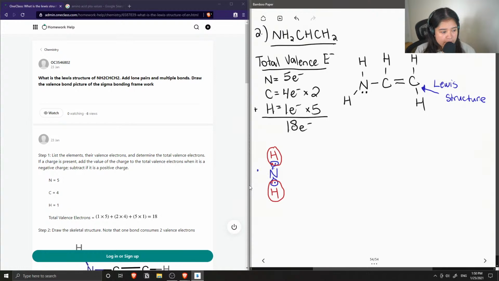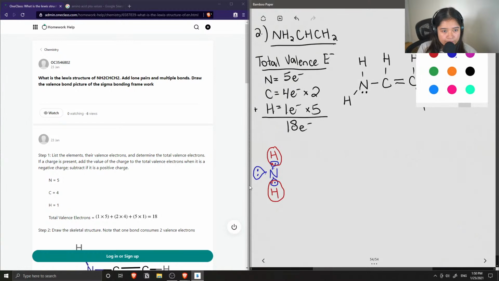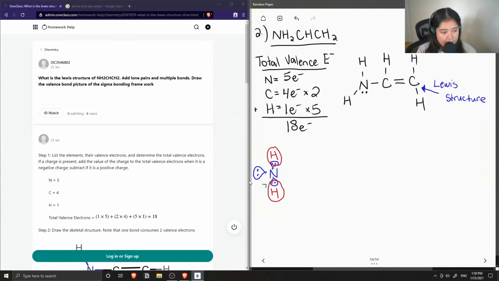I'm just going to draw that over here, like that. And notice that the bonds that are formed between nitrogen and hydrogen are sigma bonds. And we can see that it has head-on overlap.